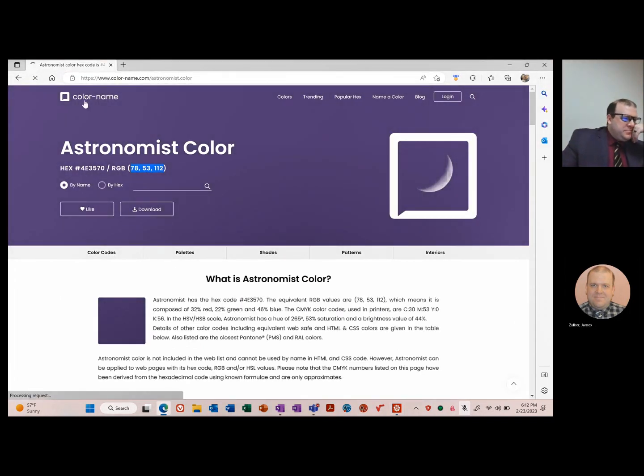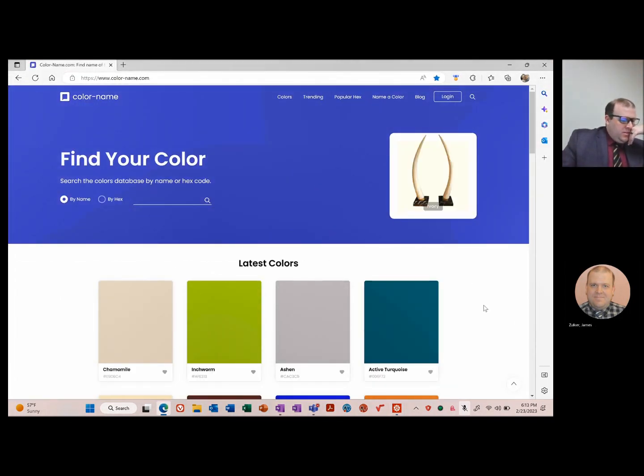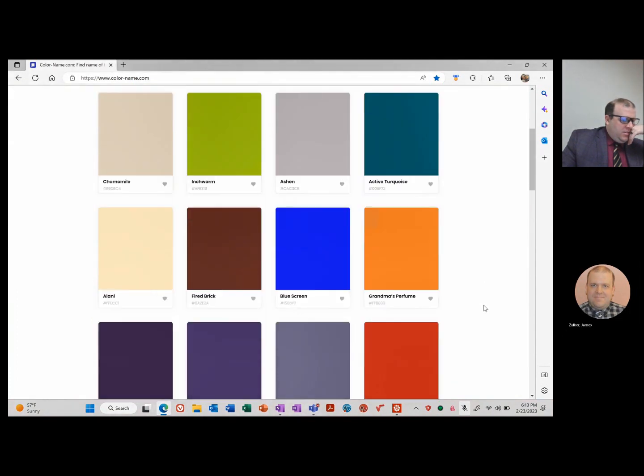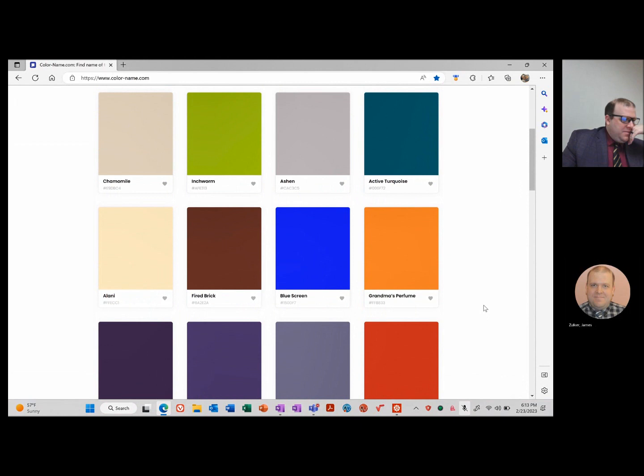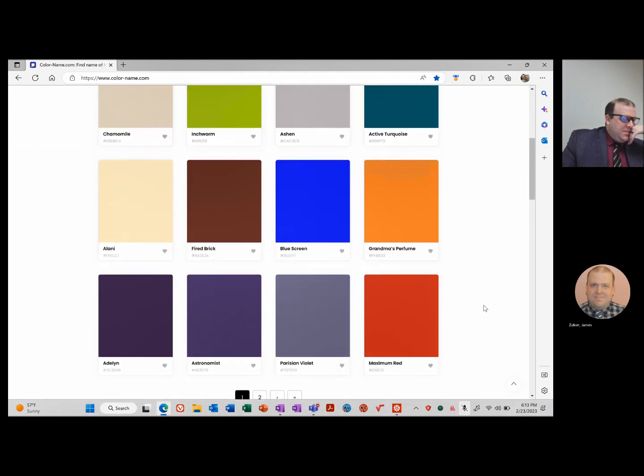Color. Explain what this website is. Don't these colors already exist, or are they just adding names to them? No idea, but it gives me the RGB code of colors. I'm stuck between fired brick and grandma's perfume.